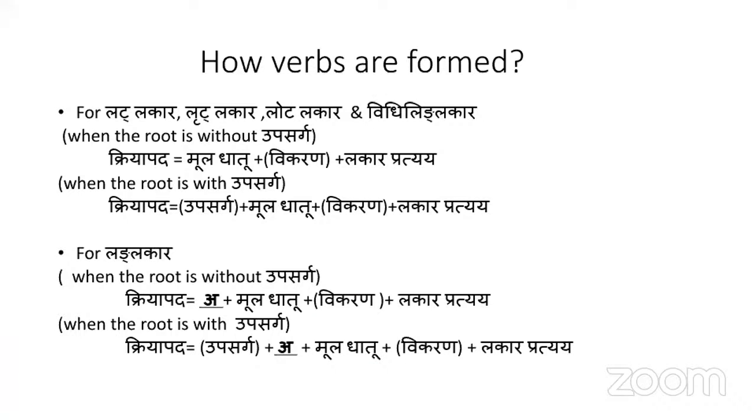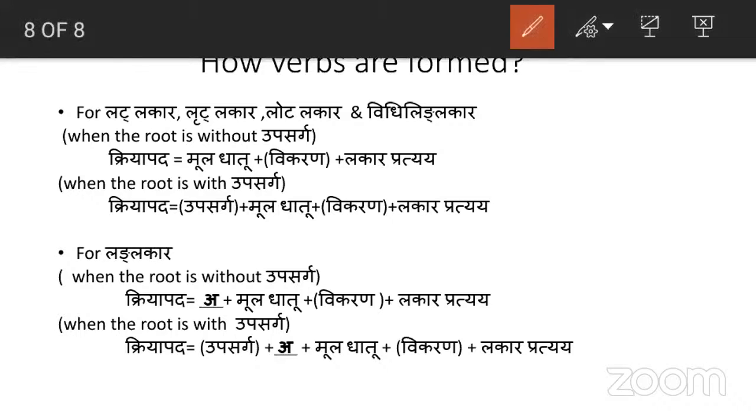After that you have to write vikaran, and after that you have to write lakar pratyay, whatever is given. Means suppose the example for this, upasarga we have taken here is a. Mool dhatu is gama gachha.